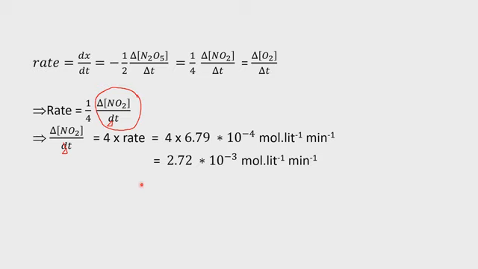So already rate is given, 4 into 6.7 into 10 power minus 4 mole liter inverse minute inverse. So final 2.72 into 10 power minus 3 mole liter inverse minute inverse. If you take rate in terms of second inverse, you will get the answer in terms of second inverse. If you take rate in terms of hours, you will get the answer in terms of hour inverse. Okay.